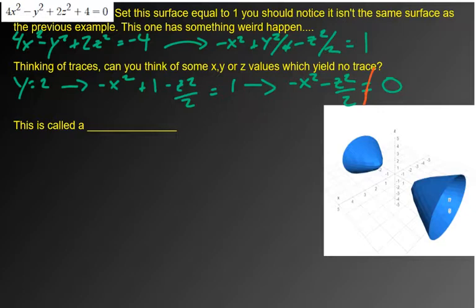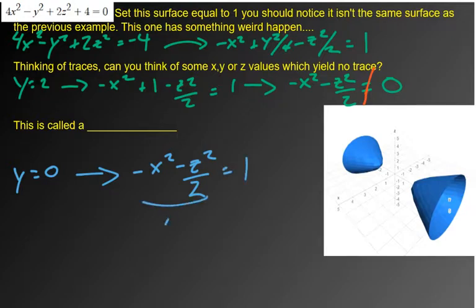And just to do another one, if you take y equals 0, then you're going to get negative x squared minus z squared over 2 equals 1. And again, a negative number and a positive number can't be equal.